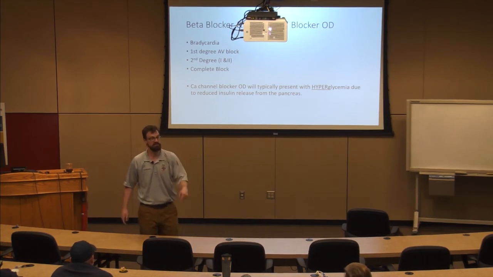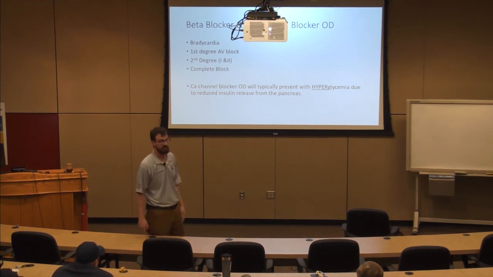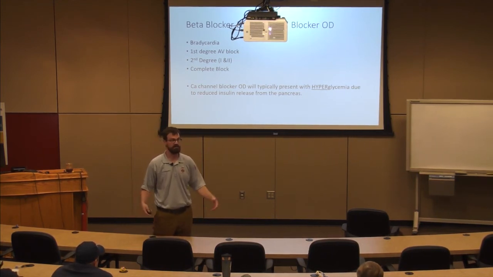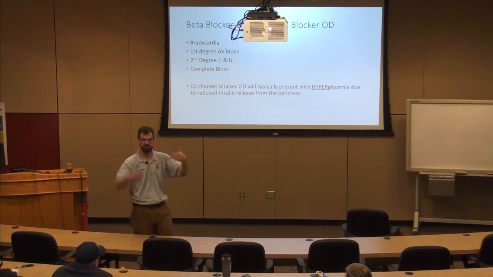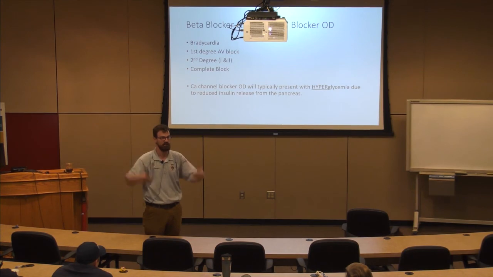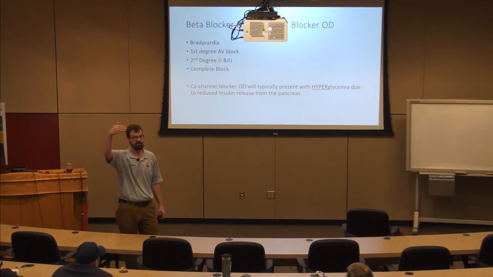But if you get somebody who's obtunded and they're hyperglycemic or hypoglycemic and they have a slow rhythm, then I might not just blow it off as a diabetic emergency. I might say, there's a possibility toxins really has a place on that differential diagnosis, 5 H's and 5 T's, right? I wouldn't take it off of that possibility.